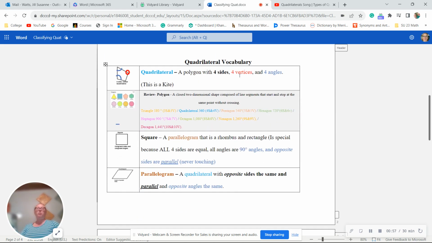So first, let's review quadrilaterals. All the shapes that we're going to talk about today are going to be quadrilaterals, okay? So a quadrilateral is a polygon.